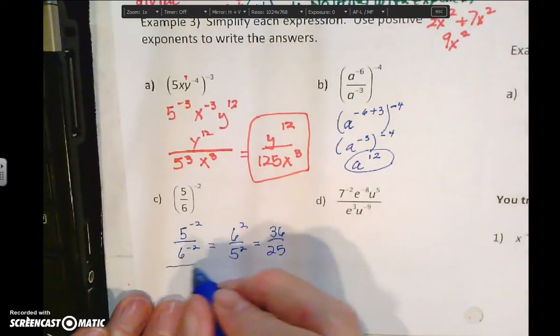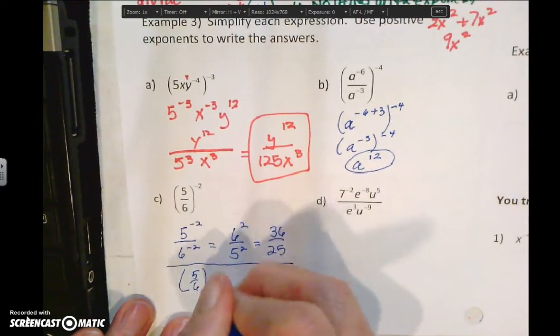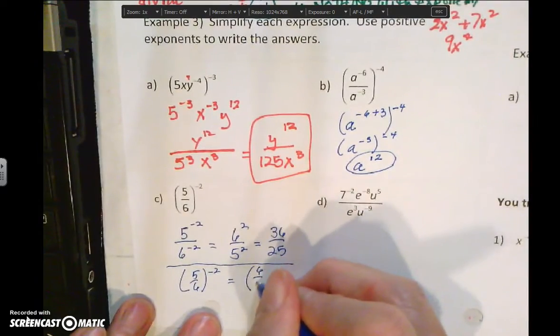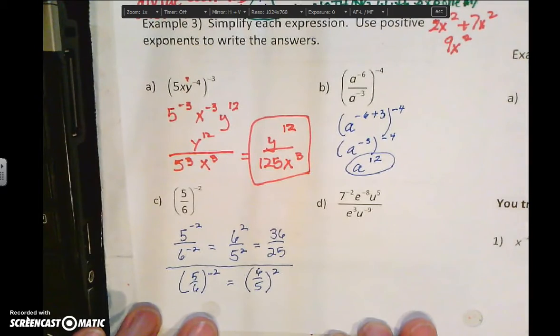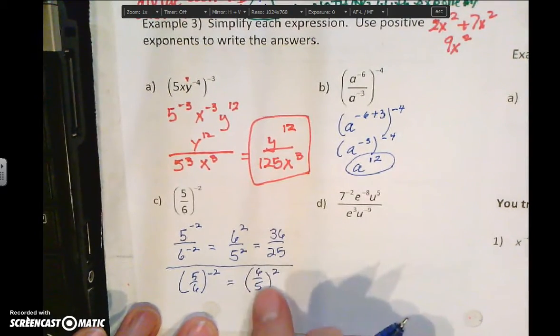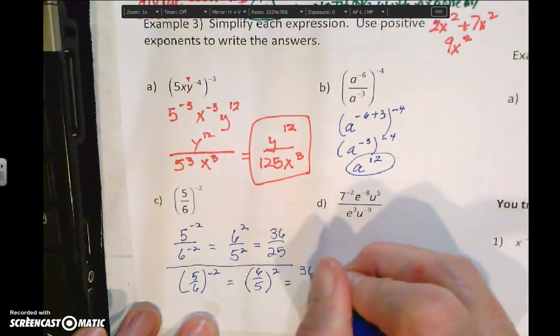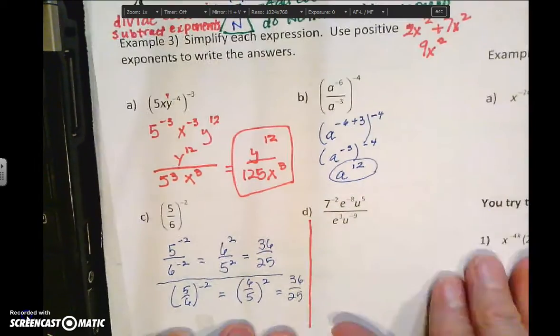You may also recall that whenever you have a negative exponent, you can flip your fraction and make it a positive exponent. So just take care of the negative for both of those, and then square the numerator and square the denominator and get 36 over 25 as well.